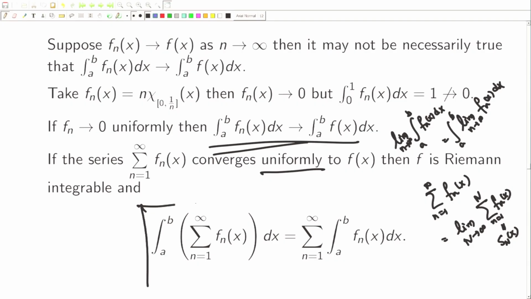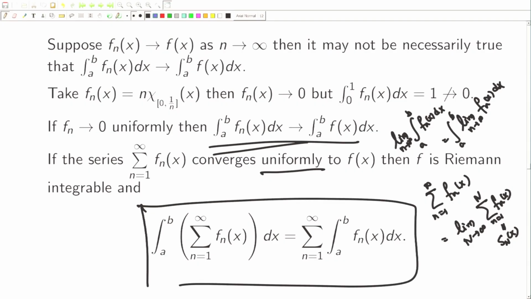So, that is an easy consequence, since the sum is nothing but the limit of the partial sums, then by linearity, here what you have got is the integral a to b of the limit of S n, which I know is uniformly convergent. So, I pull out the limit, and I have the integral a to b of S n.